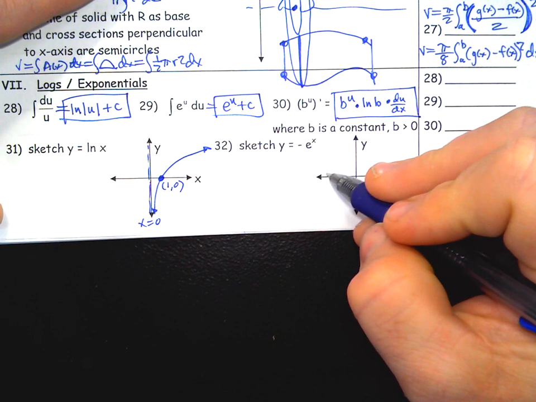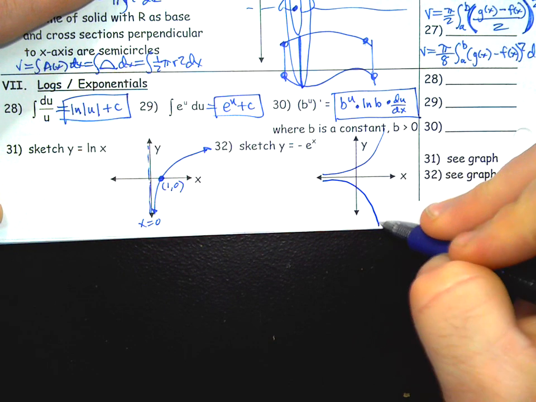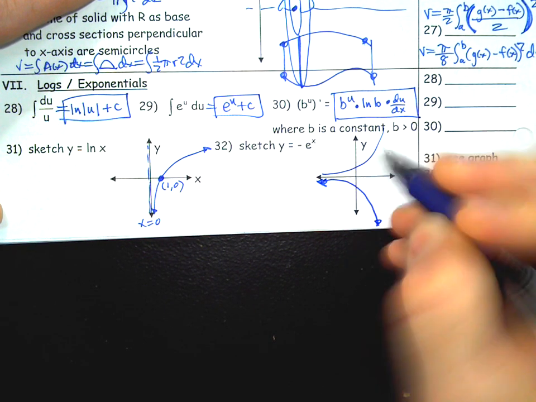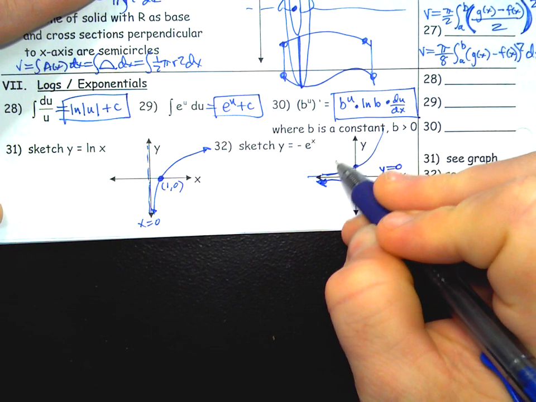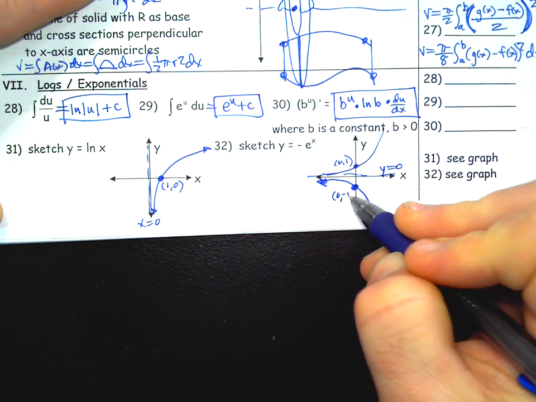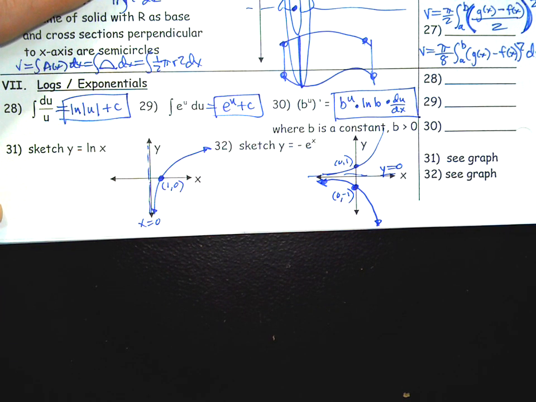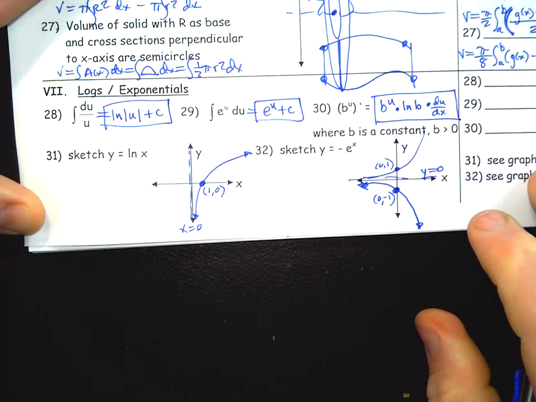So remember, e to the x looks like this. Negative e to the x gets flipped upside down. It has a horizontal asymptote, y equals 0. The y-intercept is usually 0, 1. It is now 0, negative 1. And so that's what I want for that one. I want all the important things labeled on those graphs.